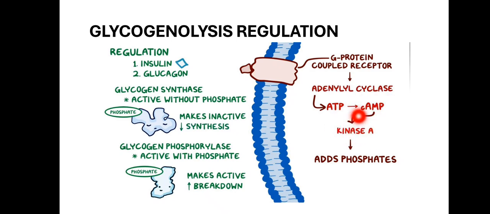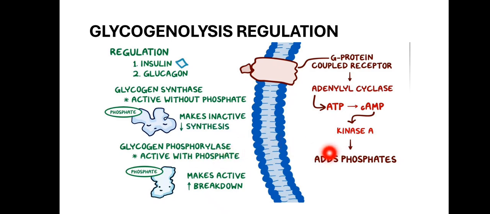This kinase A enzyme is now going to start adding phosphates. No wonder I told you cyclic adenosine monophosphate promotes glycogenolysis. Why? It adds phosphate groups on the glycogen phosphorylase enzyme, because glycogen phosphorylase needs phosphate groups to break those alpha 1,4 glycosidic bonds.